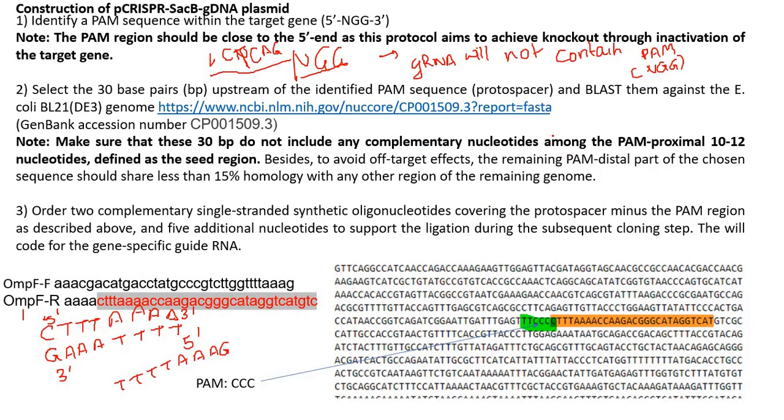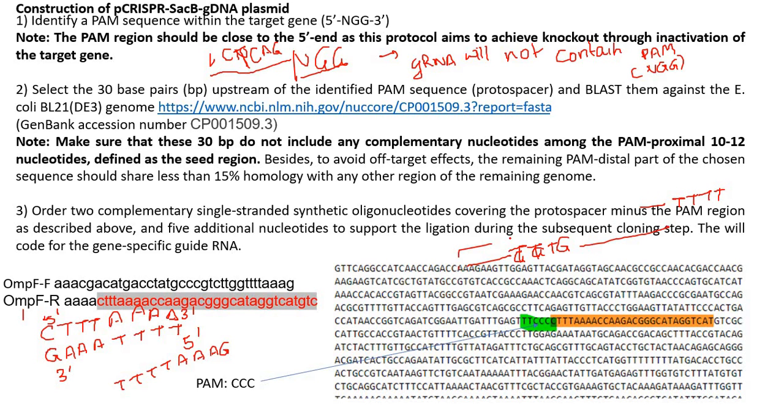When you digest the plasmid, you will get something like this. This is your sequence, and you will get TTG in your forward primer, and here you will get something else. So there is an overhang.